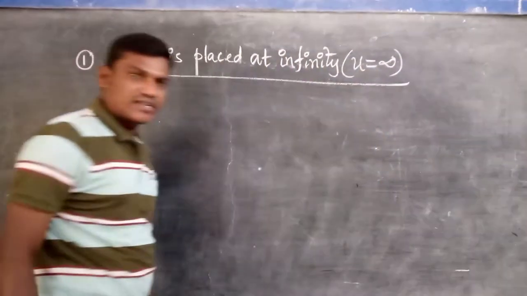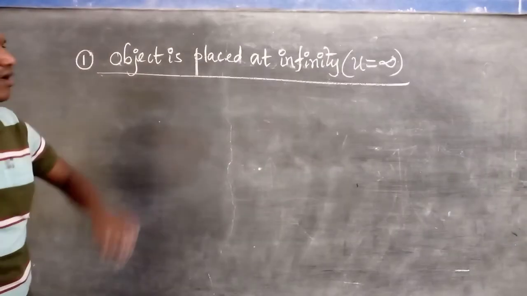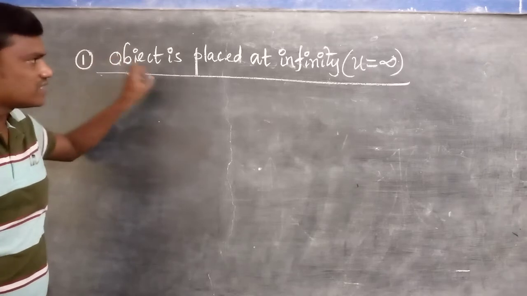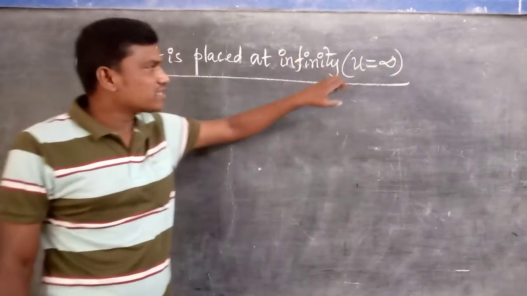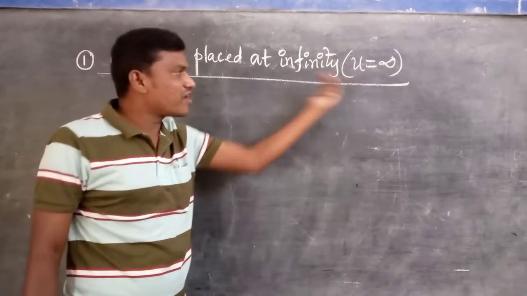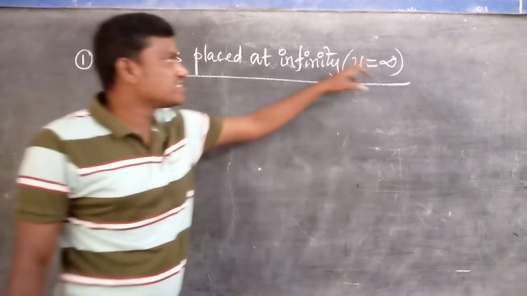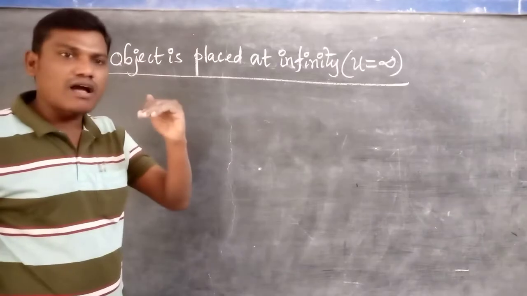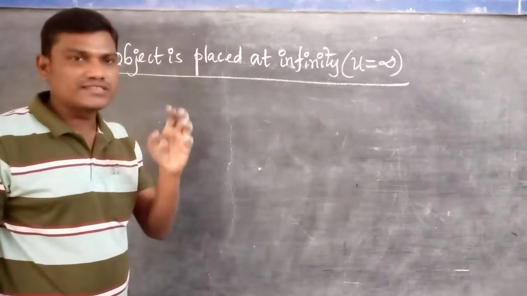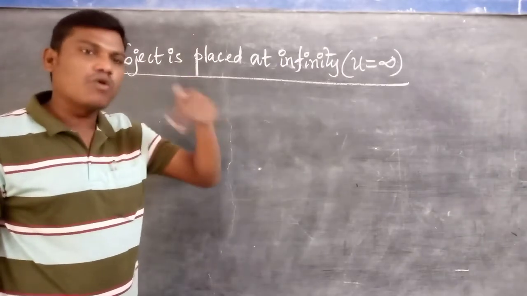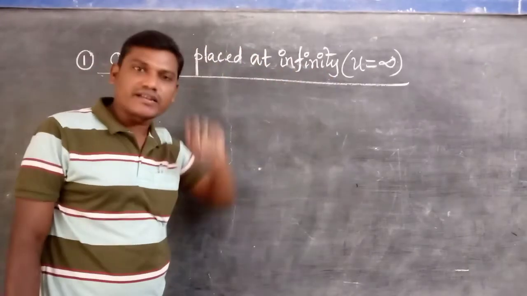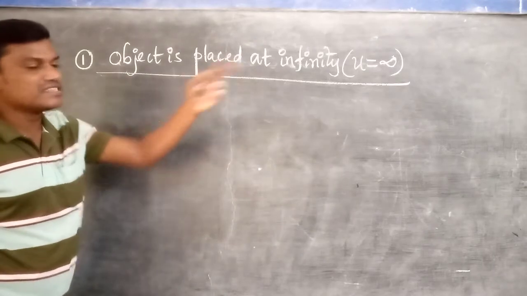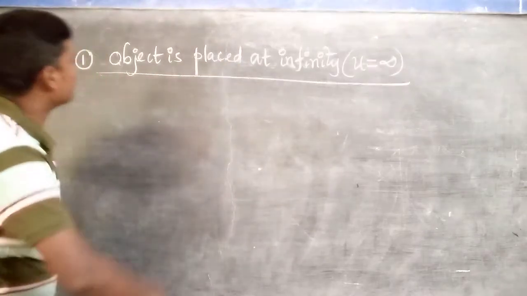U means the distance from the pole or optic center to the position of the object, called the object distance. So the object is placed in front of the convex lens at which distance? Infinity. When the distance of the object is 3 or 4 times more than the focal length of the lens, we say that the object is placed at infinity.